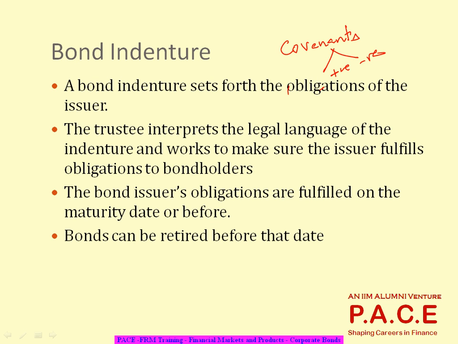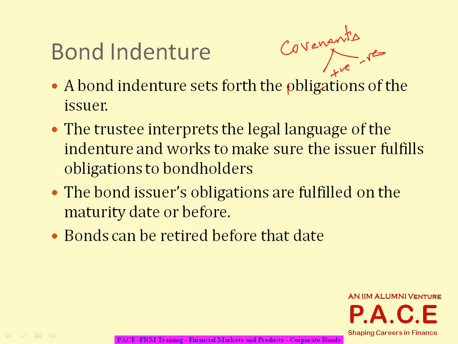Every bond issue will have a trustee, whose key role is to interpret the legal language of the indenture, what the issuer shall do and shall not do. From a legal standpoint, he makes sure every wording in the indenture is adhered to and that the issuer fulfills the obligations.